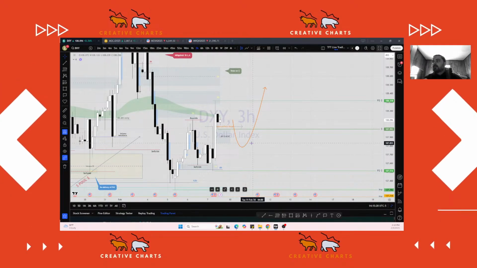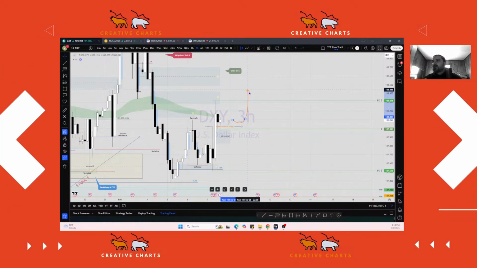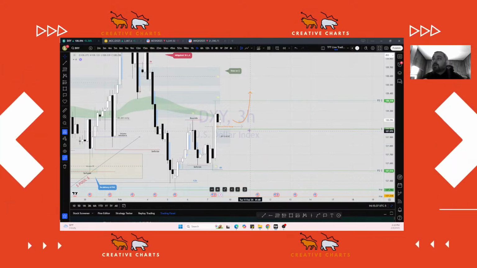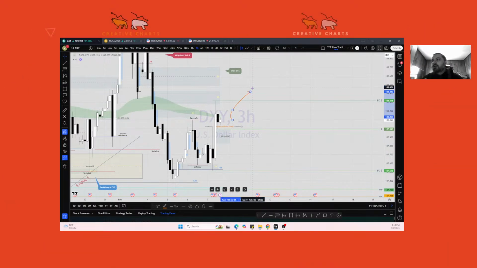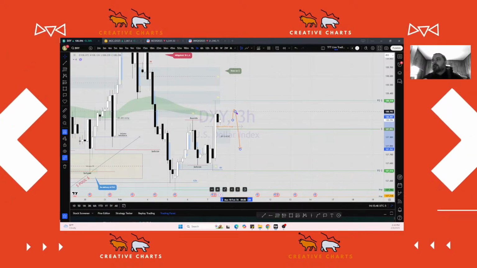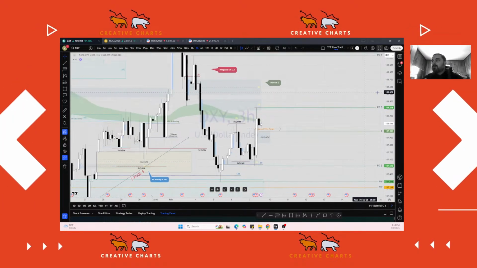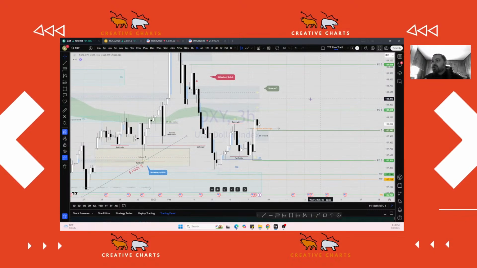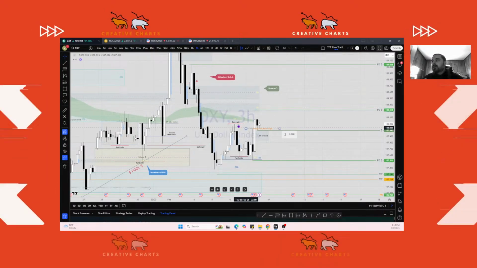So you might just see price shoot higher, manipulate, and fall lower. Or it may do something like this and come lower. But it's really not the time. This isn't the time frame I want to use for really entry analysis. I'm still just doing directional bias at this moment. I don't really care about this anymore.